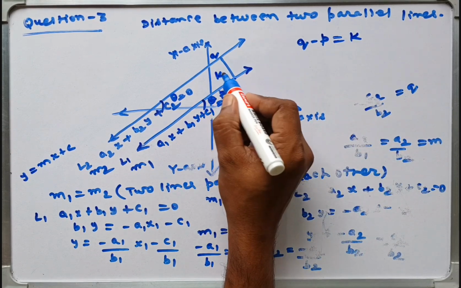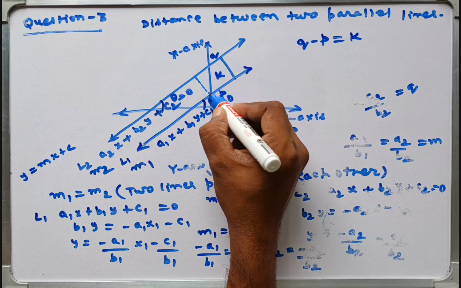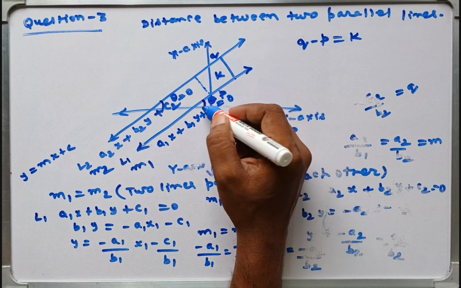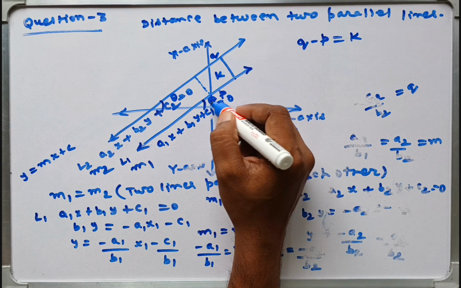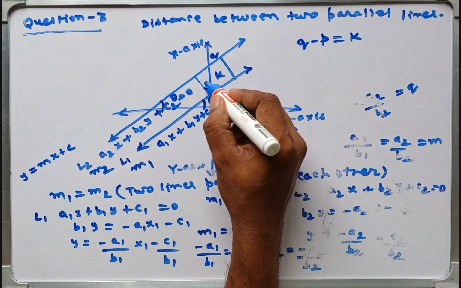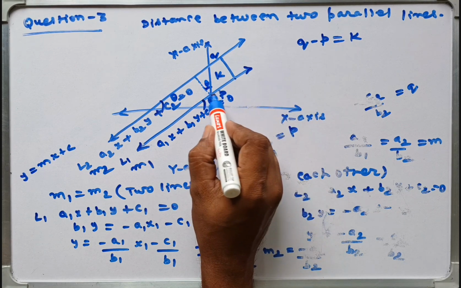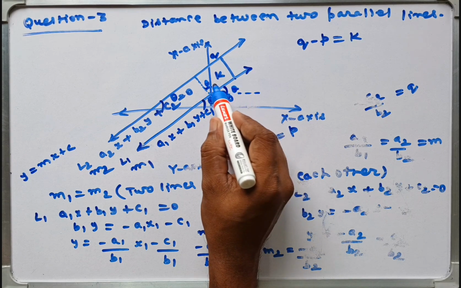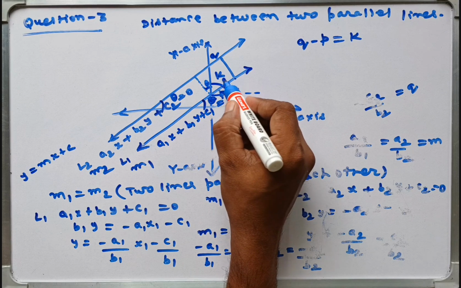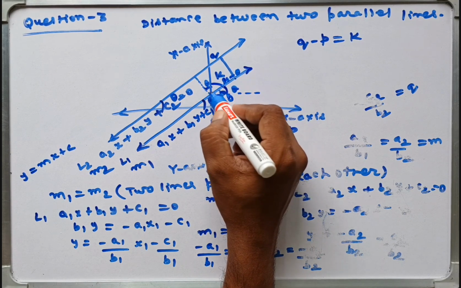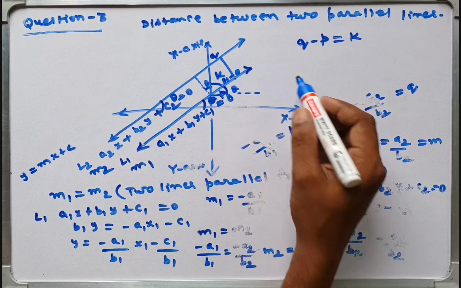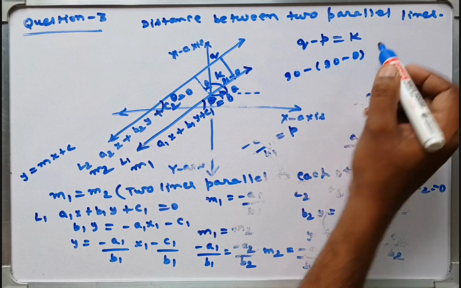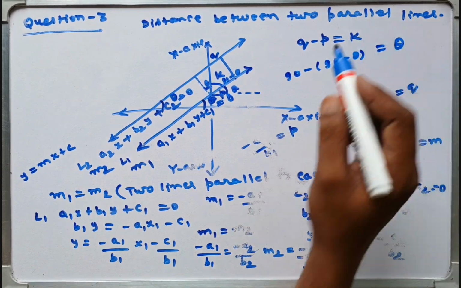So if this is k and we draw like this, then what you see here, if this is theta, then this must be equal to theta. How? See, this is theta, so this value is 90 minus theta, then this value will be 90 minus theta equals theta.